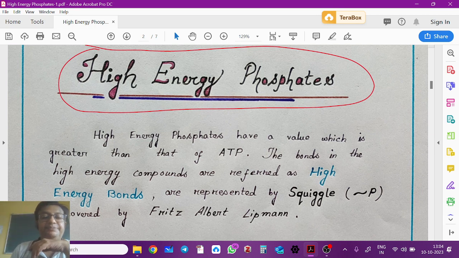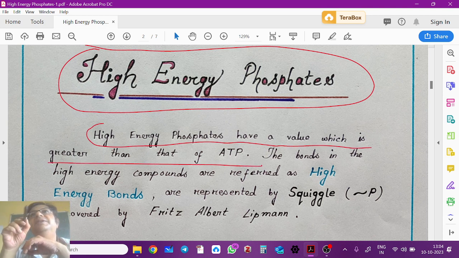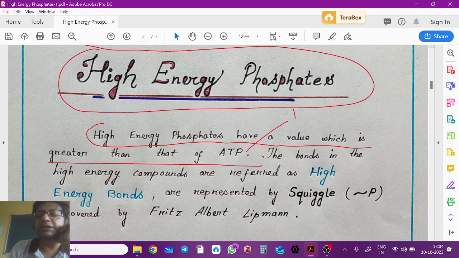Like here, what is written: high energy phosphates have a value which is greater than that of ATP hydrolysis. So these have ATP-level energy or greater; they are high energy bonds.